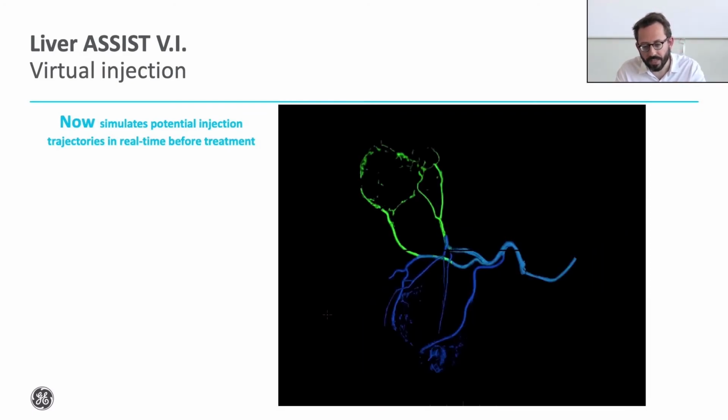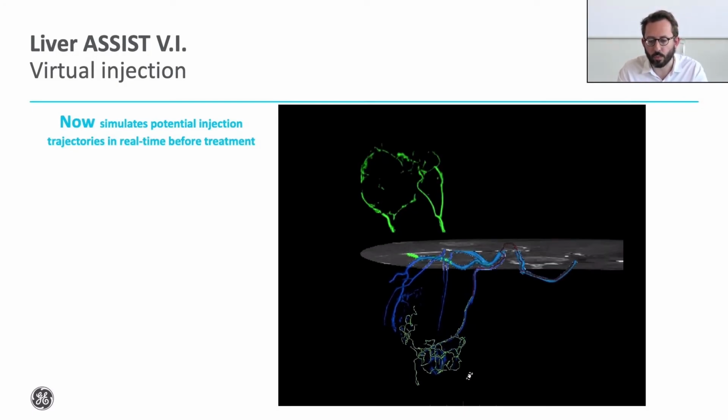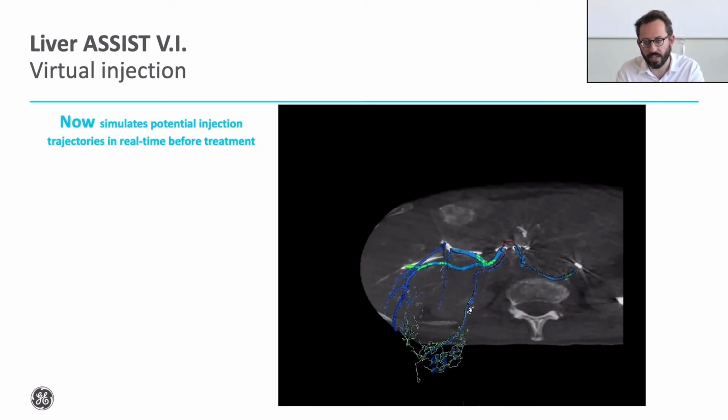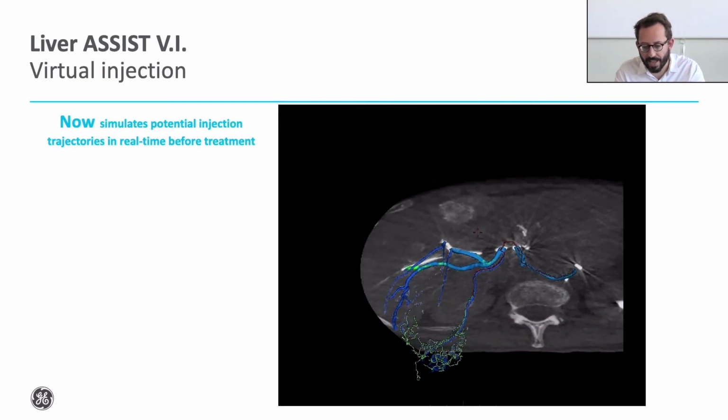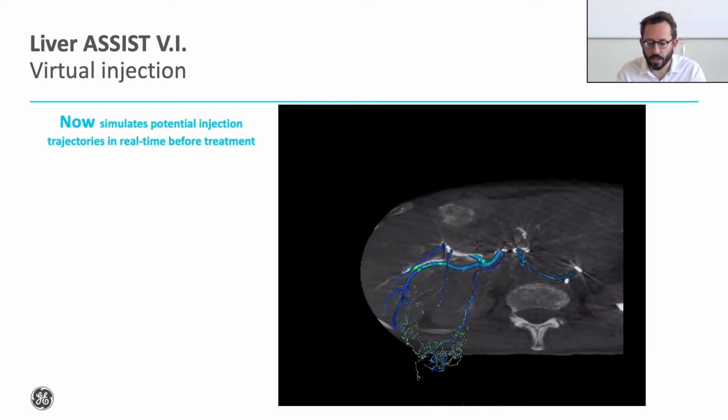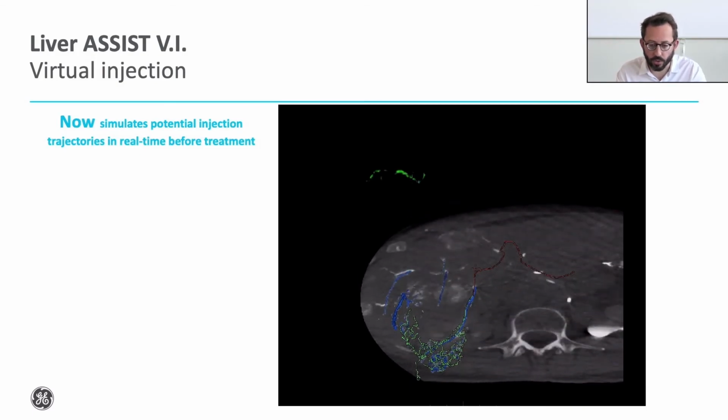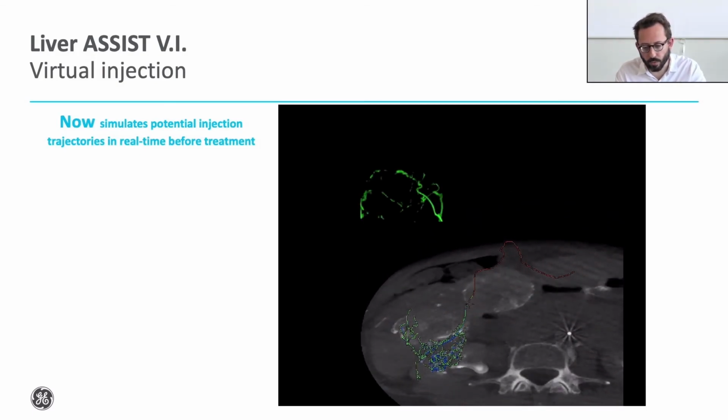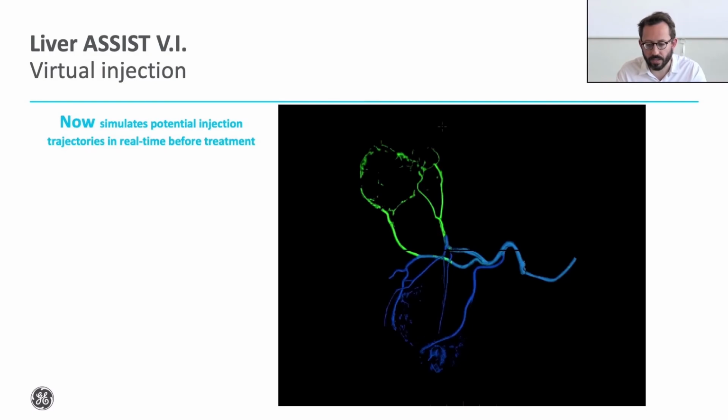When you navigate through the 3D vessels that are extracted by the software, you are able to highlight a simulation of the volume that will be injected if you were to inject here. So you can move and select what is the best compromise for you. It doesn't do that for you, which is good, so you need to think, but you will be guided through this. And this is nice for chemoembolization or embolization.